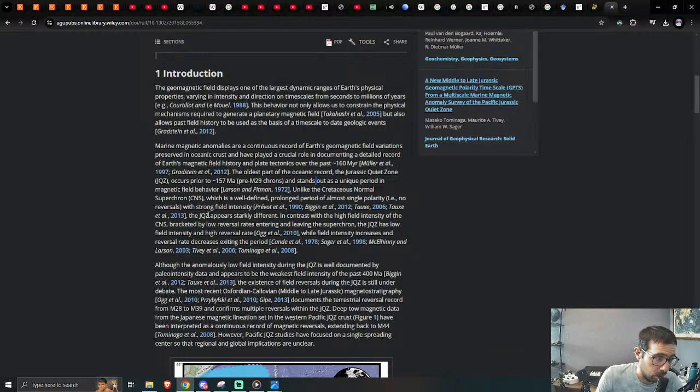The Jurassic quiet zone appears starkly different in contrast with the high field intensity of the Cretaceous normal supercron, bracketed by low reversal rates entering and leaving the supercron. The Jurassic quiet zone has low field intensity and high reversal rate, while field intensity increases and reversal rate decreases exiting the period.